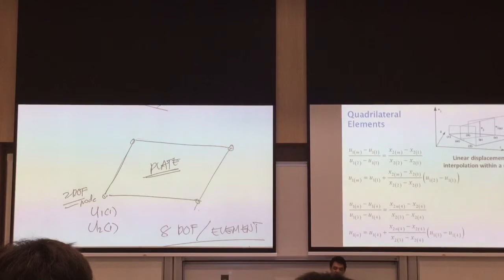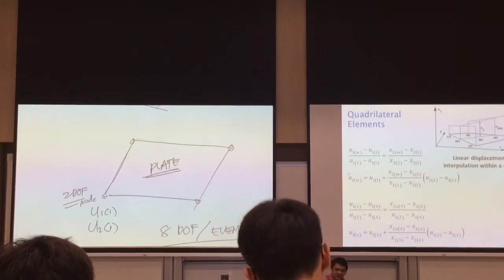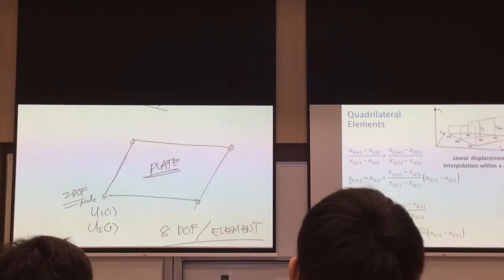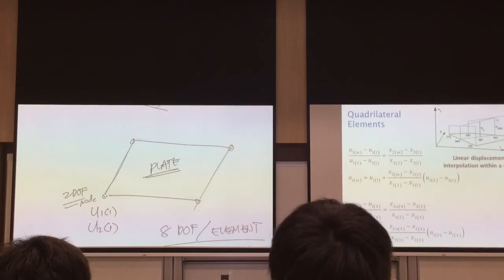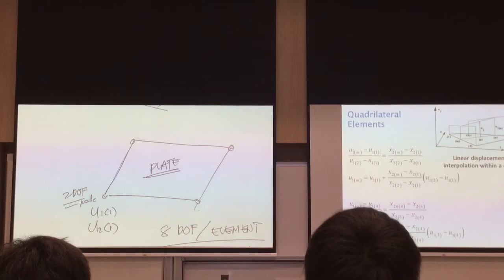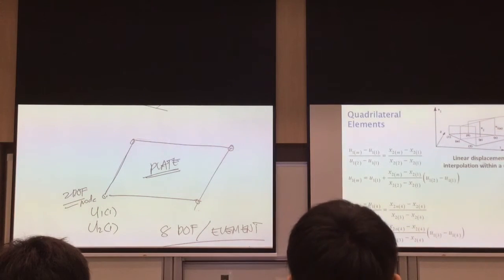So you get your UM here first, interpolate to get that UM, using your U1 at 1 and U1 at 2. So you get your U1M. After that, you get your U1 at N. So your limits will be U1 at 3, U1 at 4, and then of course you have your X's.